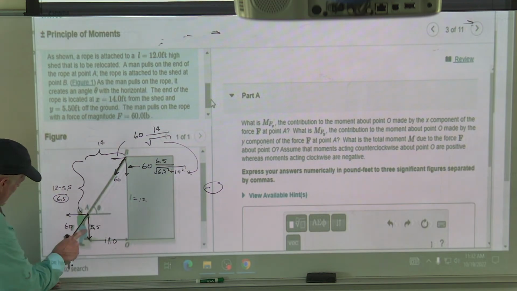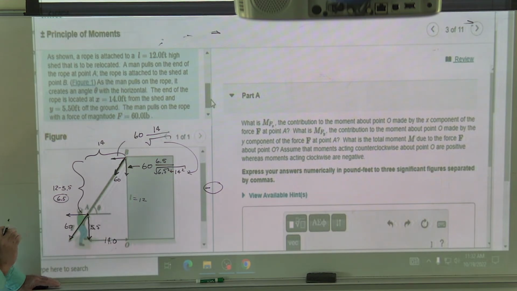But yet if it's out here, it does produce a moment. So it's kind of a trick question. Can I move it? Can I not? That would be interesting. I think I'm going to let people answer that and just see what they get, and then I'm probably just going to say everybody gets full credit. And there's a button that I can push like that.